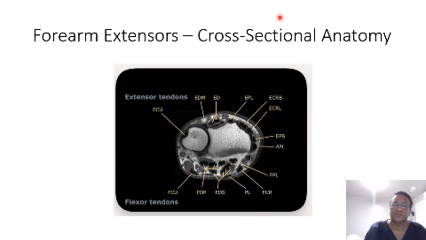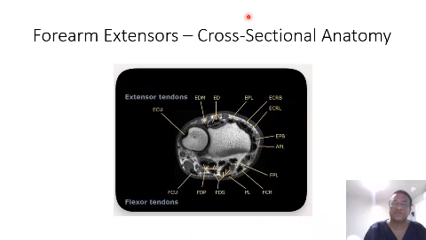We can also see some specific extensors which we call the pollicis group. The image also highlights extensor pollicis brevis. This is your APL, abductor pollicis longus, and extensor pollicis brevis. They are specifically coordinating and crucial for thumb mobility.